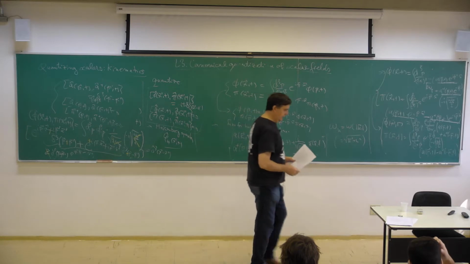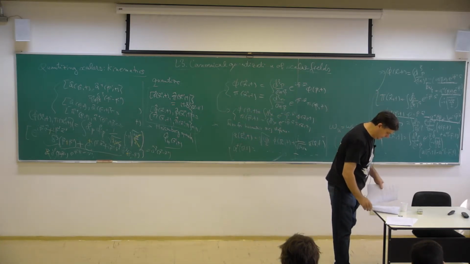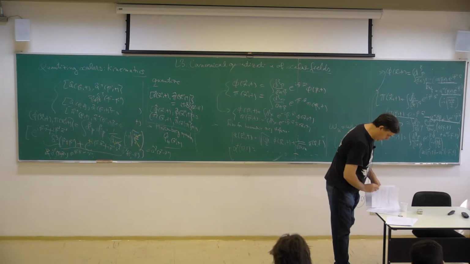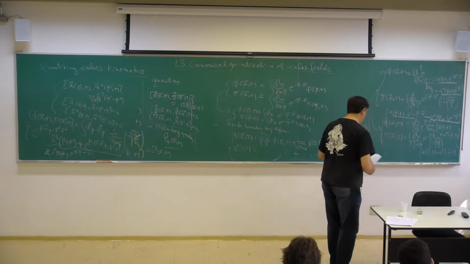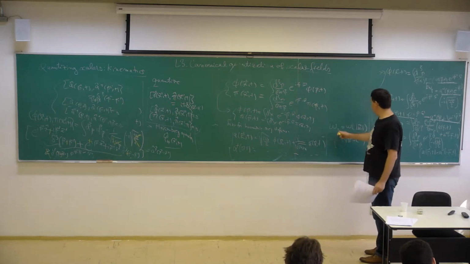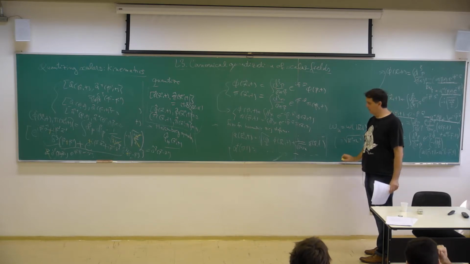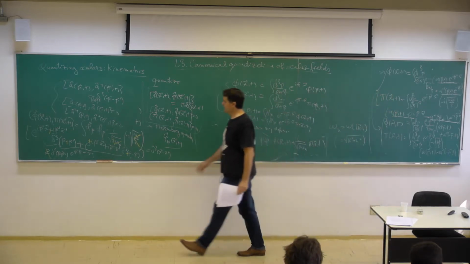Okay. An observation is that I have not used at all the form of omega. I said that omega would be shown to be this, but I haven't used it until now, right?